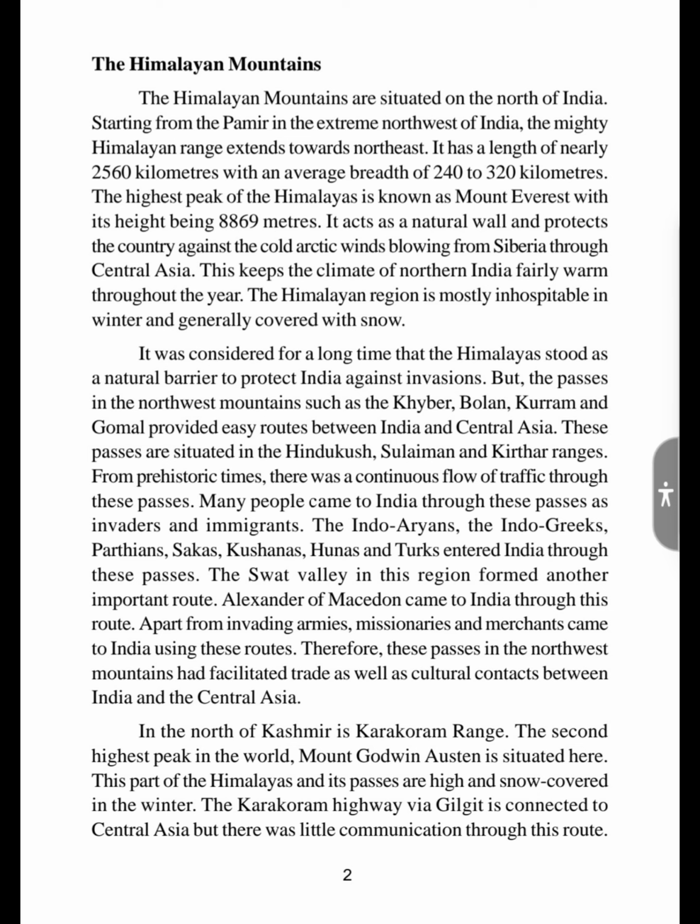From prehistoric times there was a continuous flow of traffic through these passes. Many people came to India through these passes as invaders and immigrants. The Indo-Aryans, Indo-Greeks, Parthians, Sakas, Kushanas, Hunas, and Turks entered India through these passes.